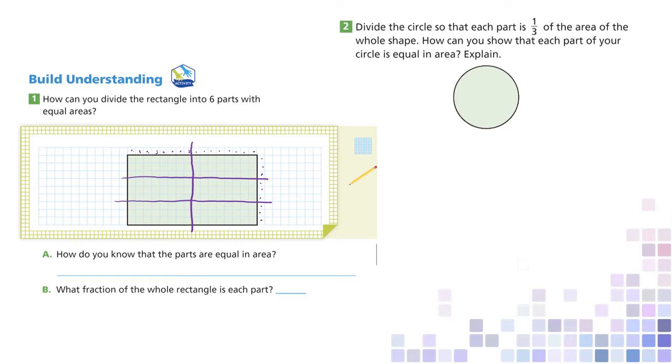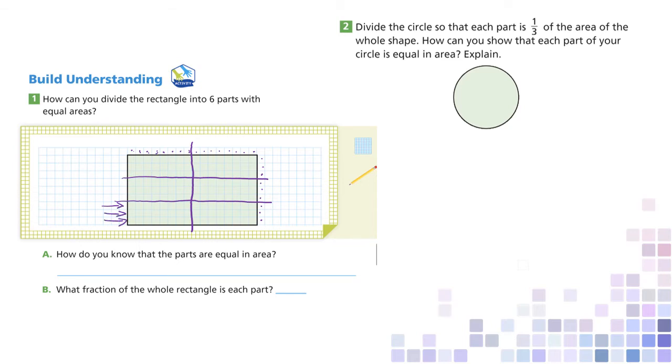You're right, I can count how many square units are in each part. But before I do that, what do we know about area that could help us find out how many square units are in each part? Well, yeah, you can multiply. I know that area is how many rows times how many in each row. And for this part, I have 1, 2, 3 rows.